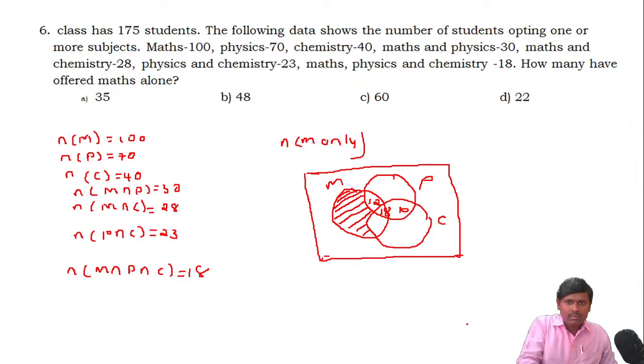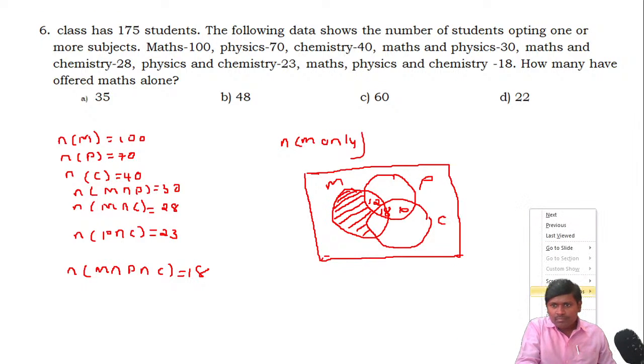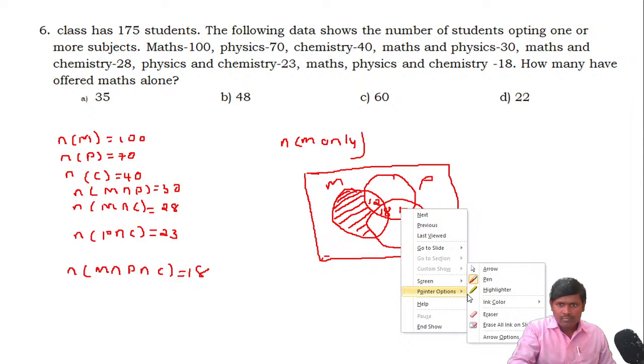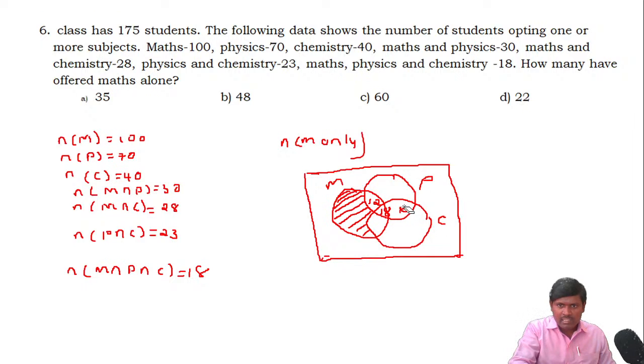So this is 5 here. We are going to write this as 5. Okay, so this is not 10. I am going to erase this.